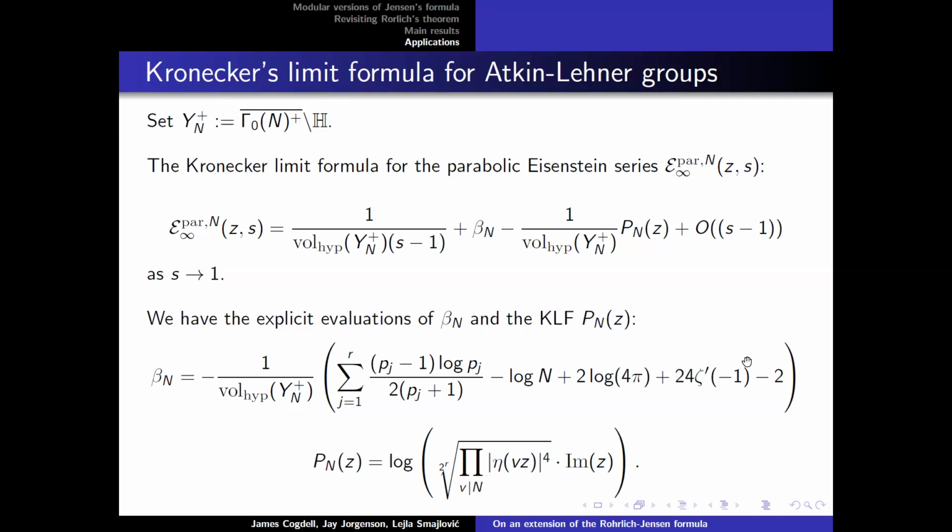This is the derivative of the Riemann zeta at -1. And this Kronecker limit function, P_n(z), it's not really easy, but it's possible to explicitly compute this function. We did it in the joint paper with Jay and Holger. So this P_n(z) is the log of the 2 to the r-th root of the product of the classical Dedekind eta function over the divisors of n.